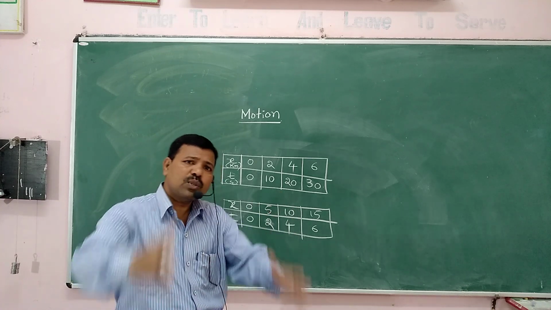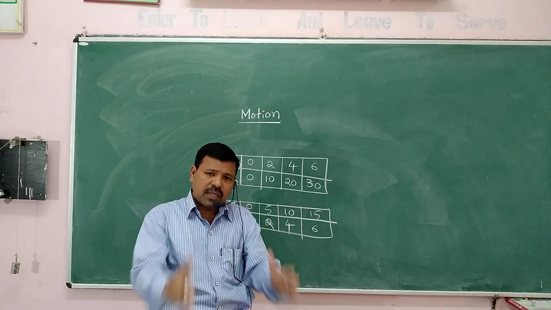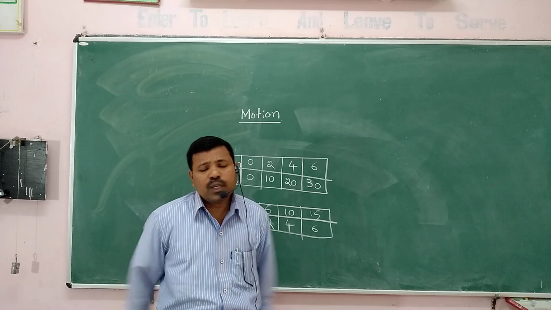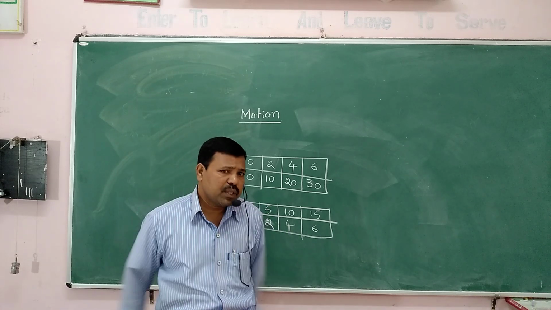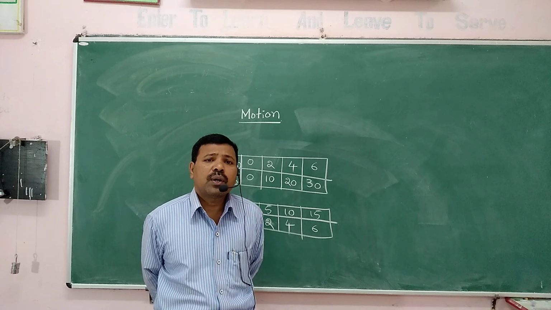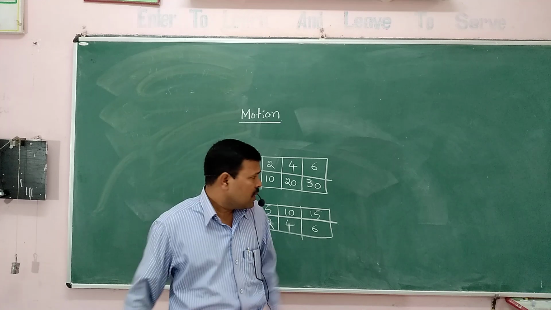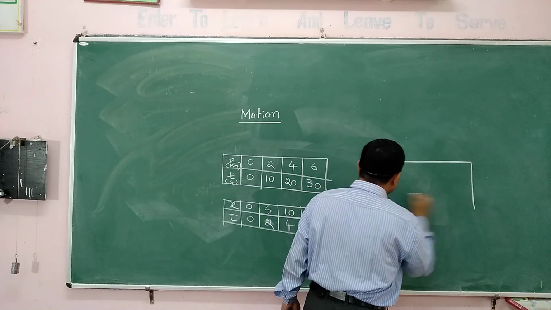Well, what is non-uniform motion? If any body covers unequal distances in equal time or equal distances in unequal time, the body is said to have non-uniform motion. Let us look into an example of non-uniform motion.